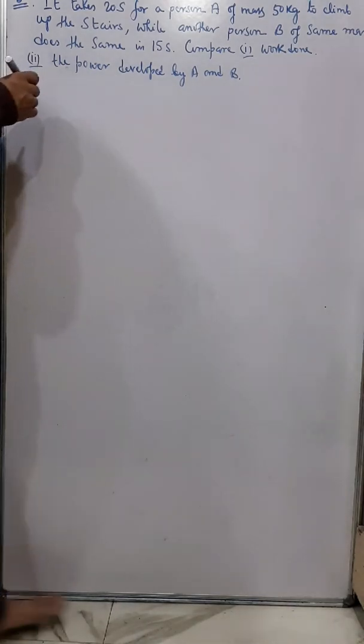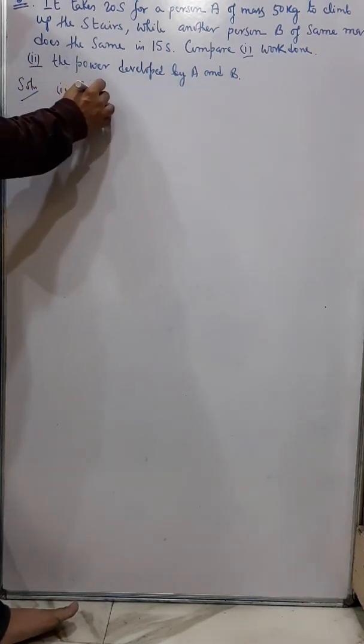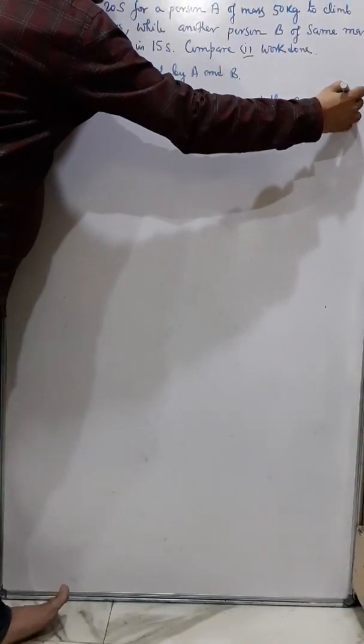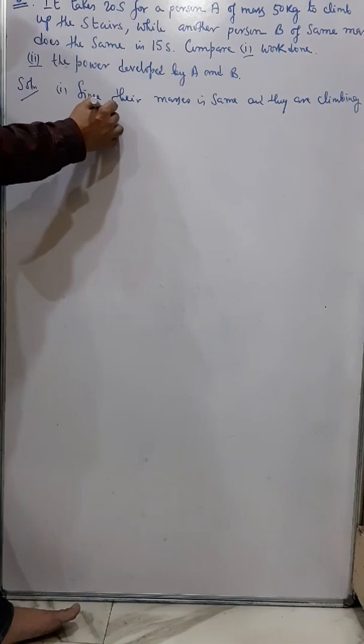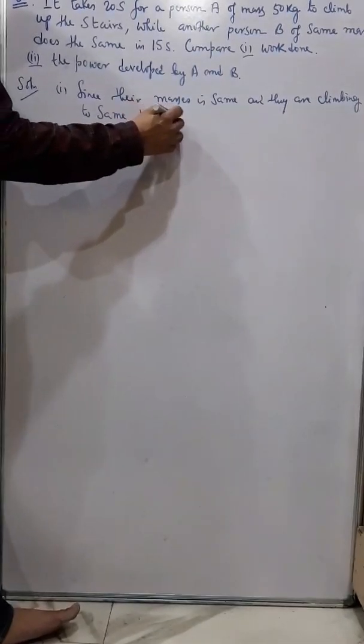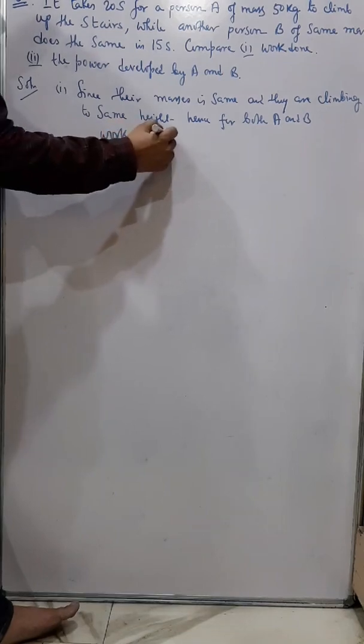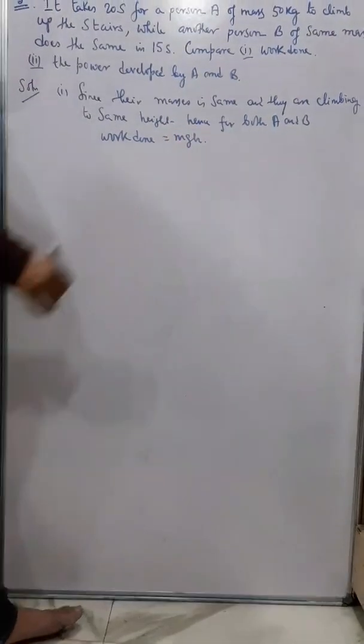So directly you can say, for number 1, since their masses are same and they are climbing to same height, hence for both A and B work done is equal to m into g into h, which is same.